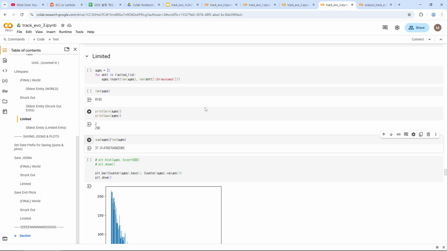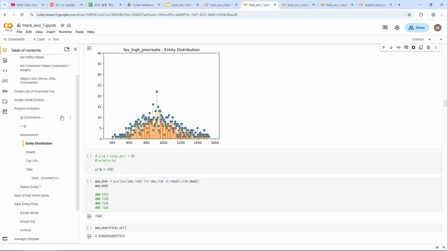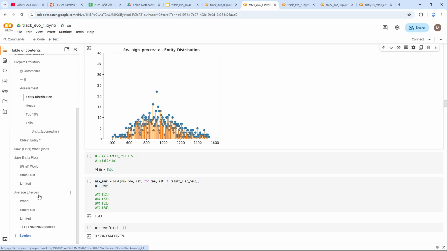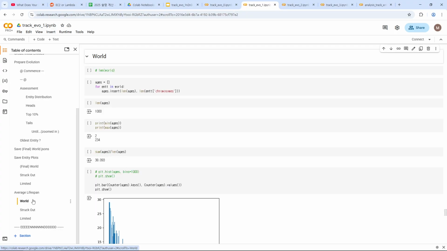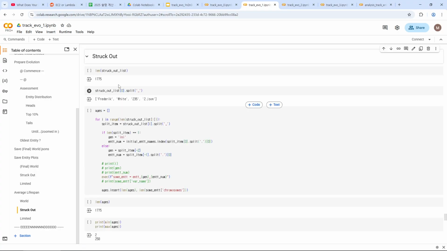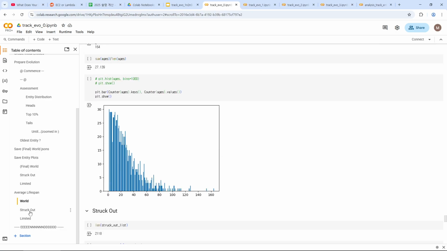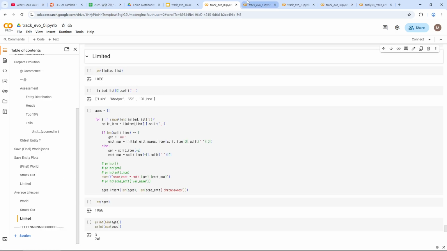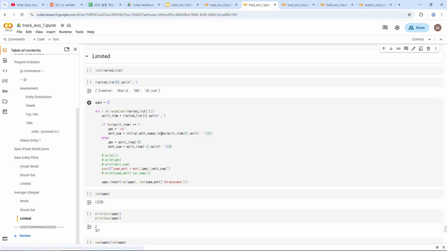When shuffling and learning is innate, actually, even when only shuffling was introduced, I still got just about the same number of entities that were struck out and limited. This is still like 12,000.